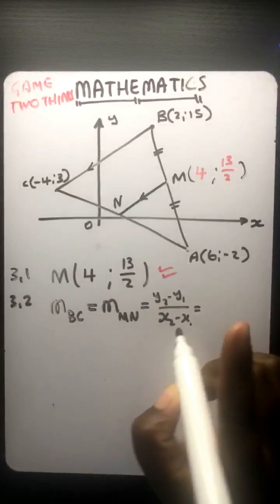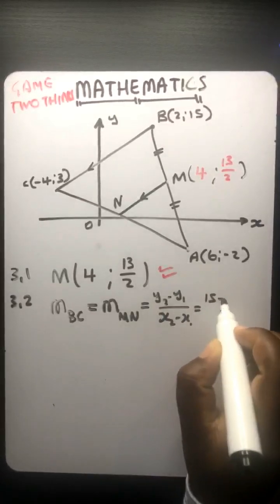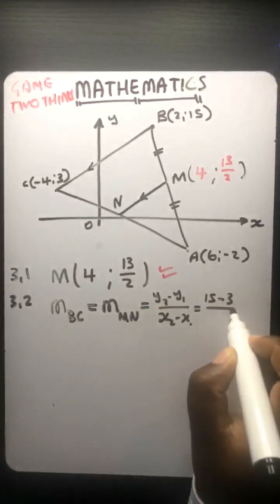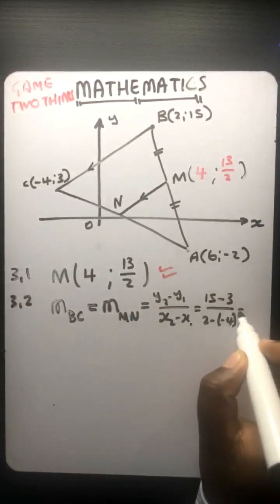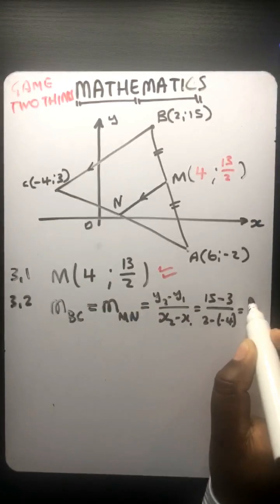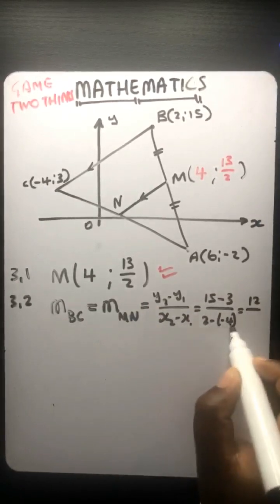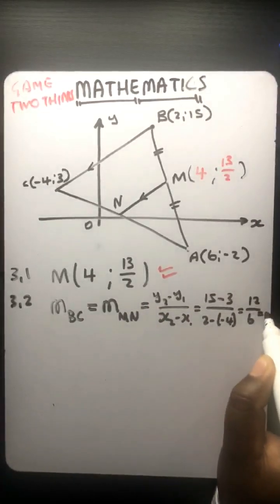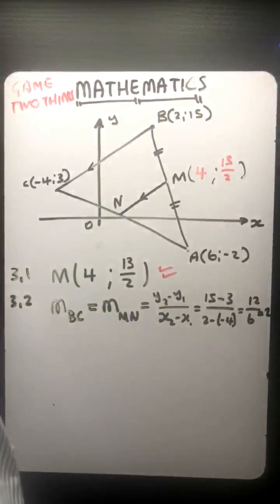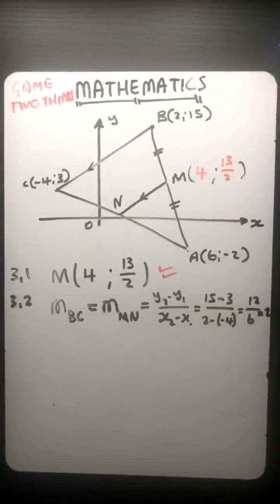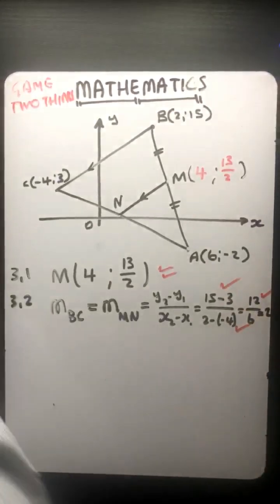Then y2 there is 15 minus 3 over 2 minus negative 4. This gives you 12, and this gives you 6. So 12 divided by 6 is equal to 2. I'm telling you guys, by doing that, I'm going to give you 3 marks. Does it make sense to everyone?